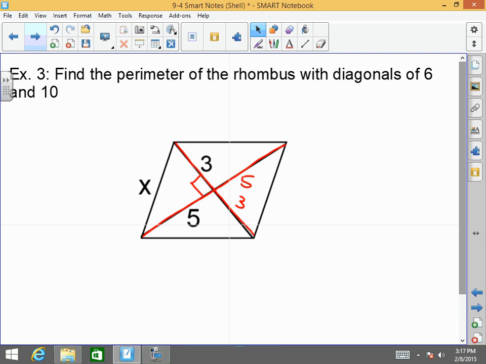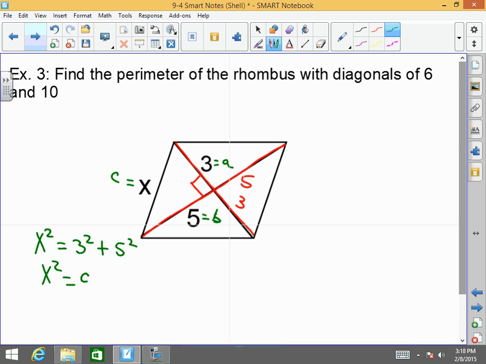But we can very easily find my x, the side of the rhombus, by using the Pythagorean theorem. X is your C. Let's go ahead and call 3 your A and 5 your B. So I have C squared, which is x squared, equals A squared, which is 3 squared, plus B squared, which is 5 squared. So I have x squared equals 9 plus 25.